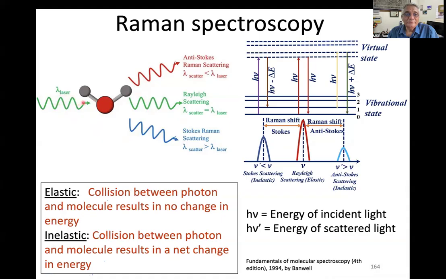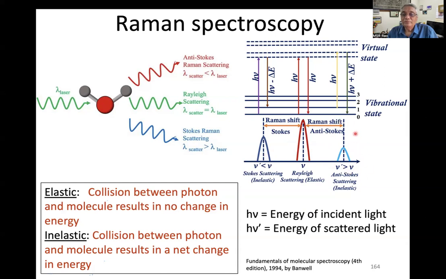You need to have an excitation source, and when the source is impinging on a material or a molecule, what you see is two processes: the Stokes shift and the anti-Stokes shift. As you can see, in one case, you have a reduction in the energy of the incident photons.